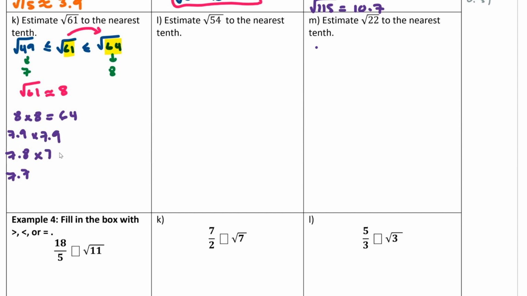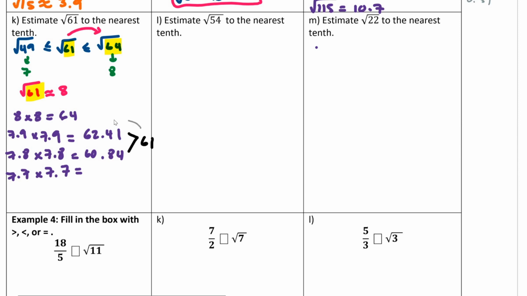Multiply each by itself. Okay, let's see what we have. 7.9 times 7.9 will be 62.41. 7.8 times 7.8 is 60.84. Okay, so we're trying to find 61. So it stays in between these two numbers.